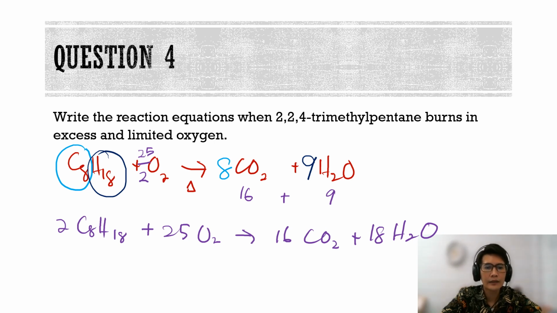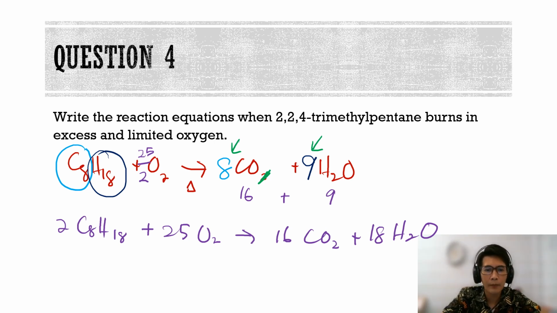So the same concept you can use for the limited oxygen. Okay, limited oxygen, you just tukar this CO2 kepada CO sahaja. Okay, so the number over here 8 and 9 masih lagi tak terjejas because we just remove the O, bukannya kita remove C or H. Okay, so 8 and 9 masih lagi kekal, but the difference is the number of the oxygen.